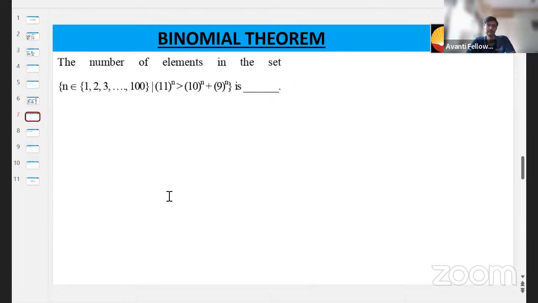Power is n, which is another hint that we can use binomial theorem.